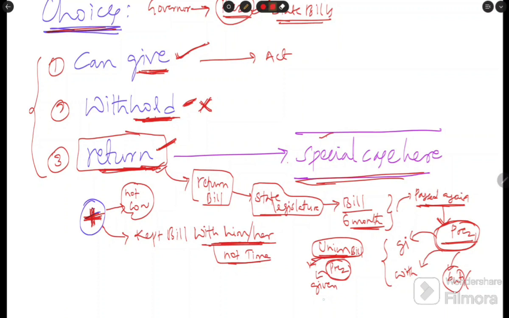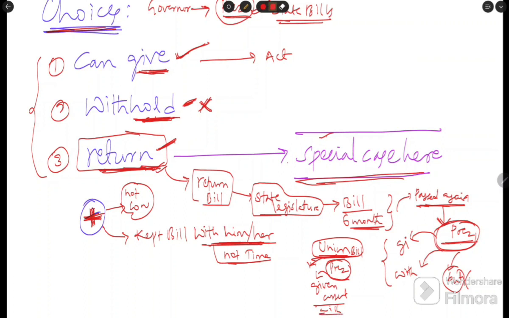He has no choice at all. It means when the parliament repasses the bill after the president returns the bill, the president needs to give the assent. He has no choice of withholding the assent. He mandatorily, constitutionally needs to give the assent.